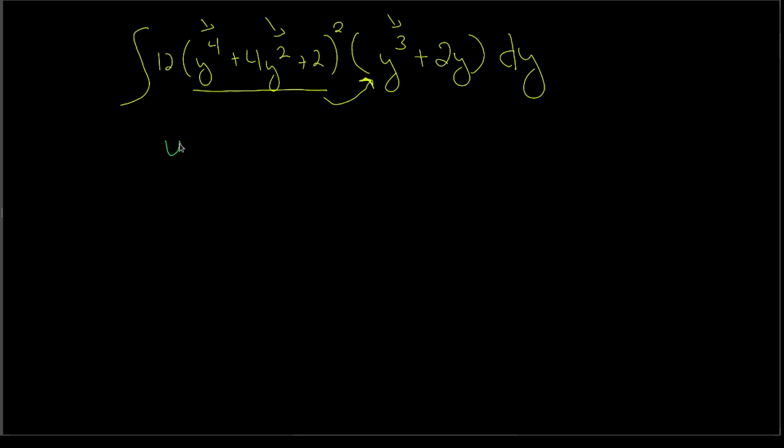But I'm going to ask myself, if u equals y to the fourth plus 4y squared plus 2, then what is du? So du is going to be 4y cubed plus 8y, and the 2 is going to go away, dy.